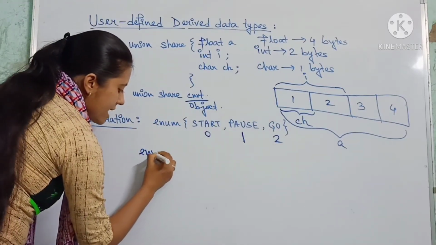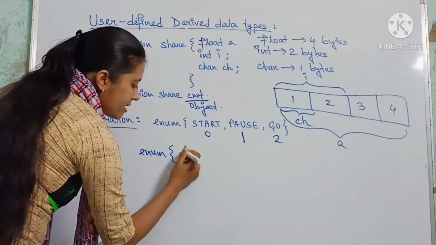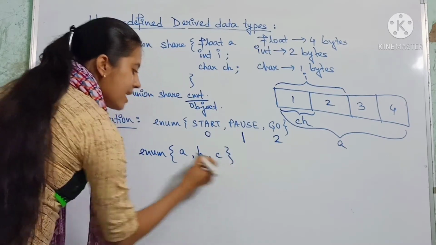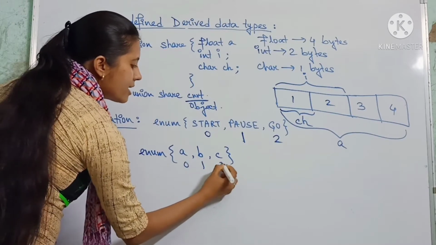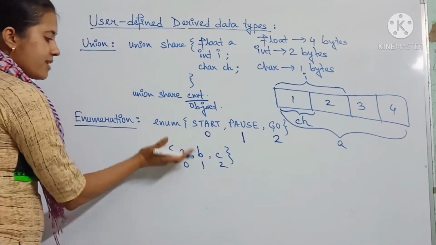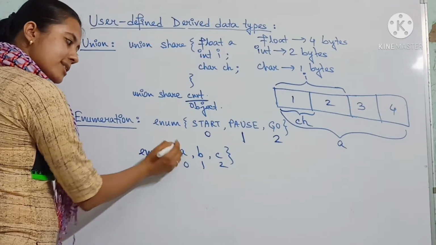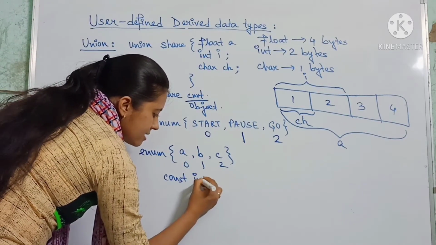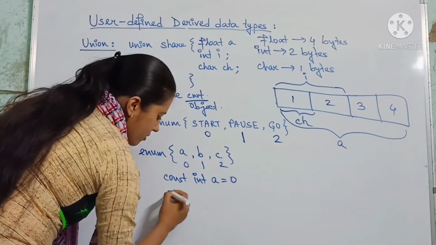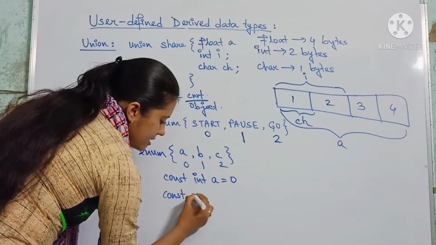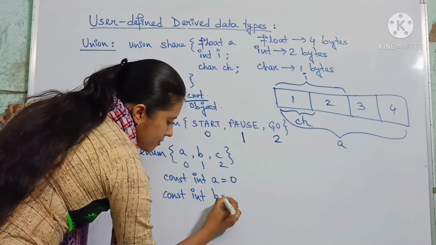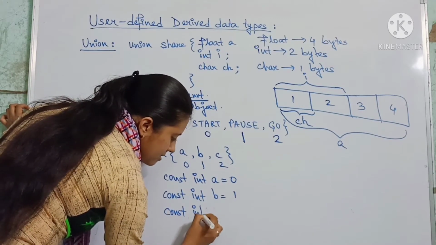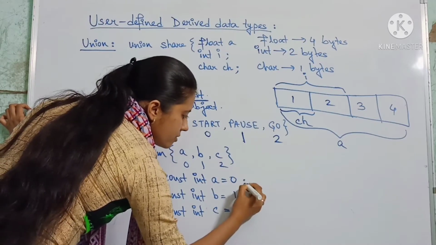If you write this enum with any variable names, like a, b, c, then also it means a similar thing. 0, 1 and 2 will be assigned to it. Means wherever it will get a, it will assign 0 to it. It is nothing but like this: const int a equal to 0, const int b equal to 1, const int c equal to 2.